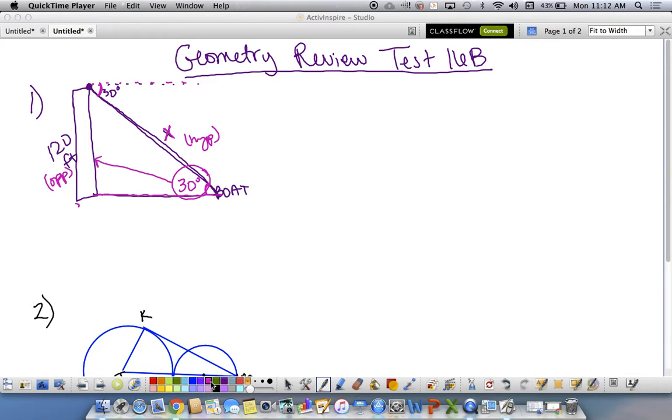What is that? Yeah, it's sine of an angle, which we have as 30 degrees, equals opposite over hypotenuse. Can you solve for x? Of course you can. We're going to switch places when it's in the denominator. Your x will equal 120 divided by sine 30.